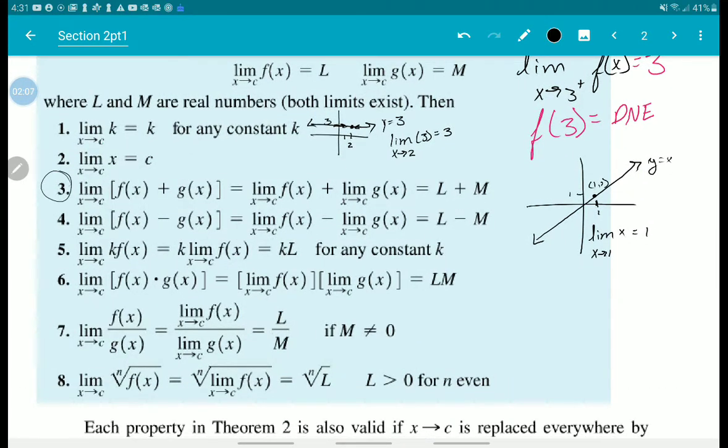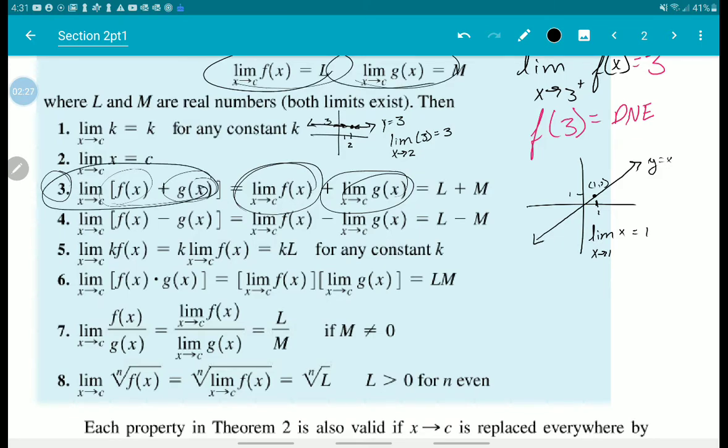Property 3 says the limit of the sum is equal to the sum of the two limits. So if I know what the limit is for f of x plus g of x, that's the same thing as if I know this and I know this, and we actually knew those from up here. So then we could find this limit just by applying what we know.